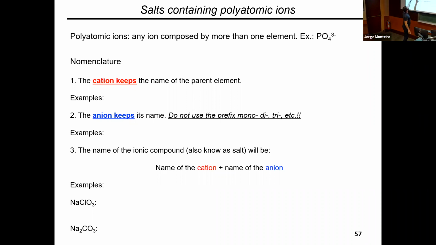But we can also have salts containing polyatomic ions. Because those ions are negative, they will attract cations to balance the charge. And every time you have a cation and an anion, you have a salt.